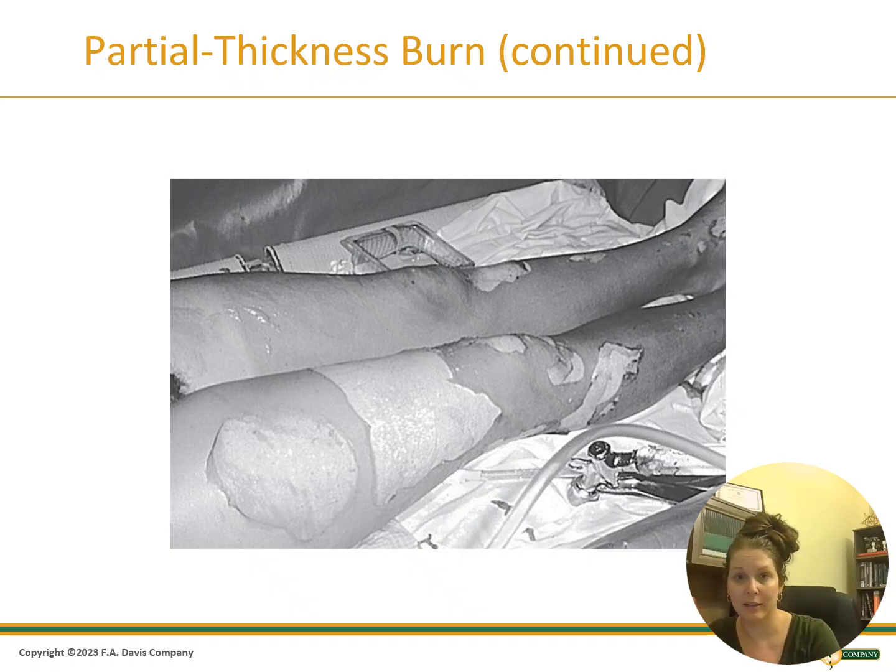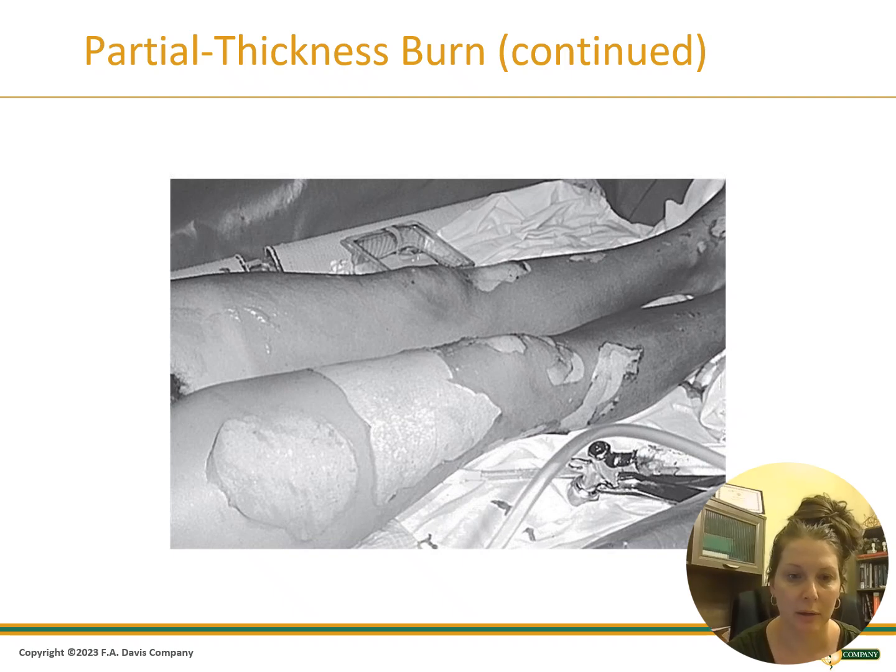So they have it classified as the partial thickness. The white leathery, that's more of our full thickness, okay? So maybe they're trying to get at, I'm not sure what they're going with here, okay? So it's just providing a good contrast, I guess, but it would be better in color. I don't like that picture, so we're going to skip it.